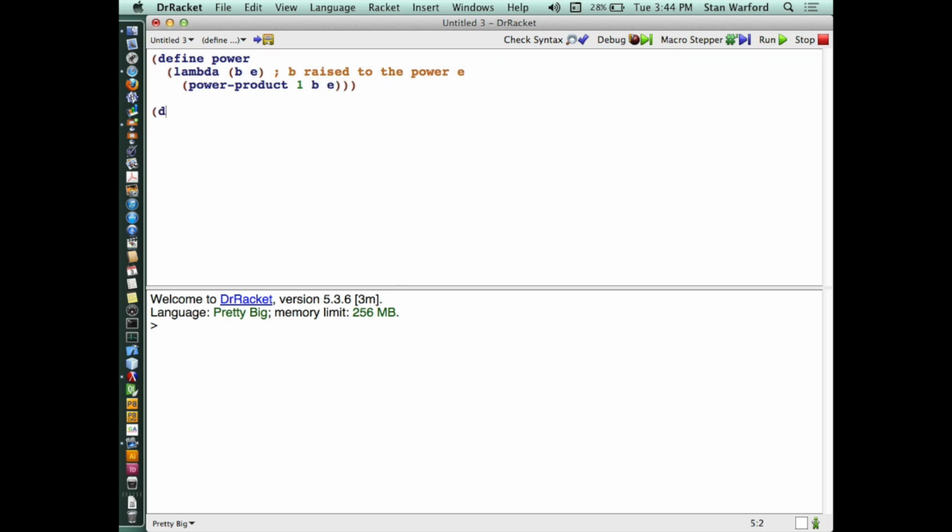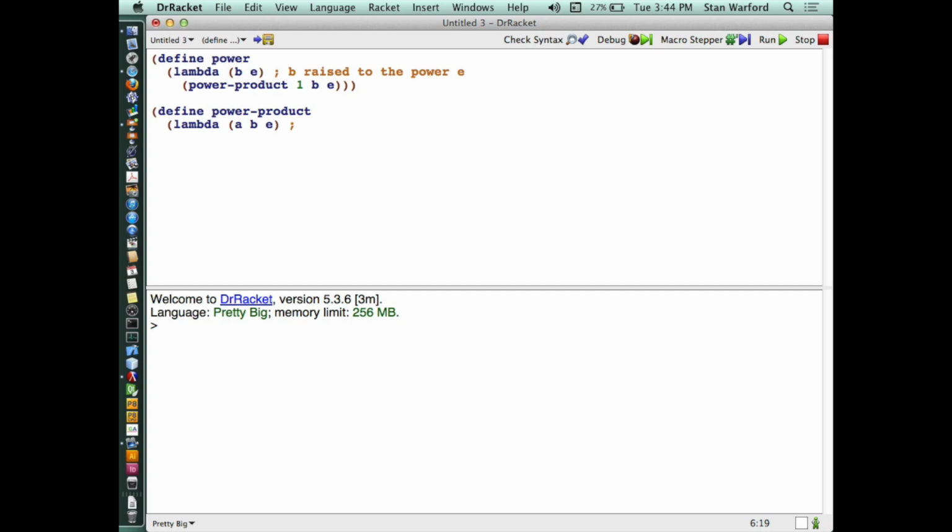And then we define power product, and that's going to be lambda what? Now, how many parameters in power product? 3. A, B, E. We'll use the same letters this time. And now let's document this one.